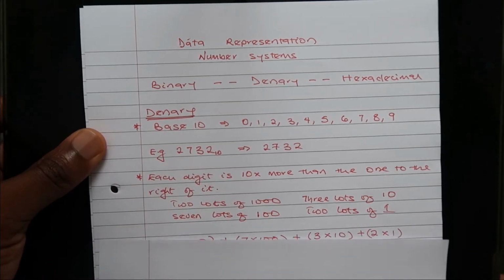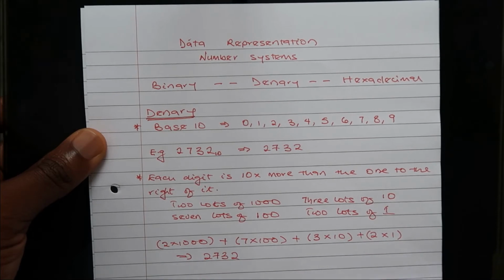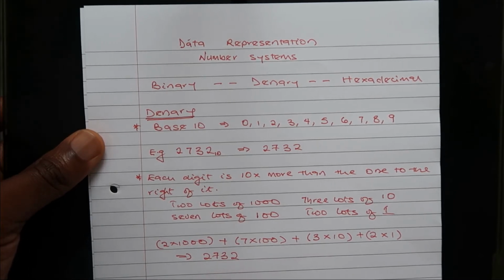So if we break down the combination of this number, we have 2 times 1000, 7 times 100, 3 times 10, 2 times 1, and if we add all of them together, we get a total of 2732.